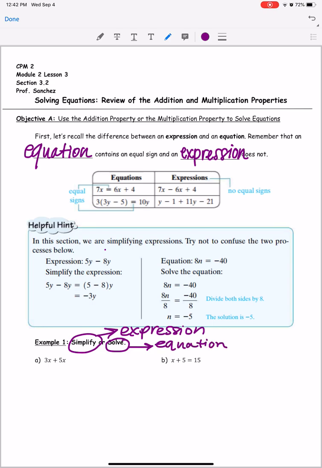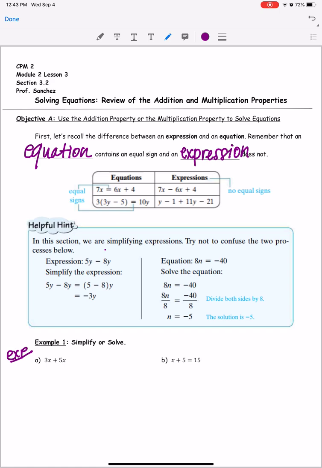So once we figure out which is which, then I know whether to simplify or to solve. So on this first one here, this is an expression. Because it's an expression, we are simplifying.